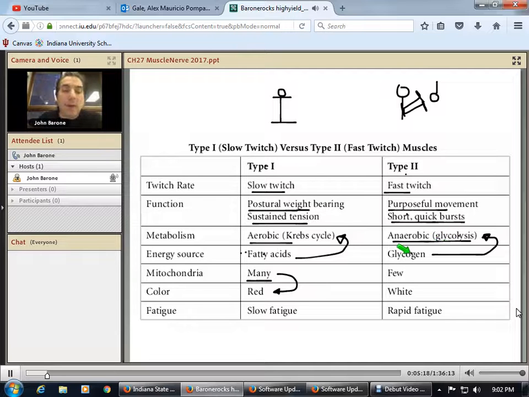Now the problem is anaerobic glycolysis doesn't make as much ATP, and the byproduct is lactic acid. So unfortunately, you can't go fast all day. You're going to burn out. You're going to get lactic acidosis, and you're going to get cramping. So if you watch the MMA fighters, in the third round, it looks like they're in slow motion.